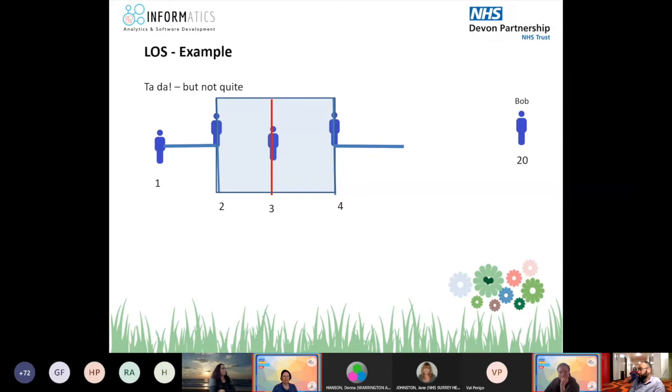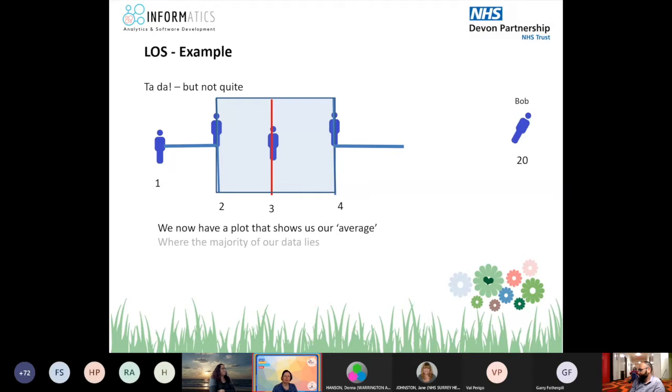So we're mostly there, however, we do still have something that's a little bit odd. We have our plot that shows us our average, where a majority of our data lies, but we do have one point that isn't really taken into account within that box plot. So we have our mate Bob, who is an outlier. We can just plot that outlier, Bob, with a dot, because statistically we can see that he is an outlier.